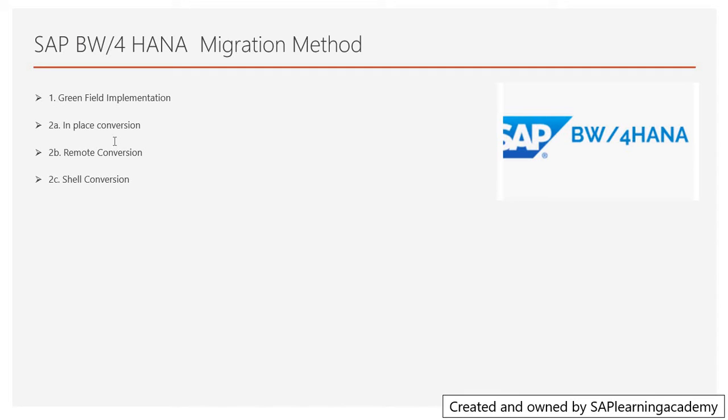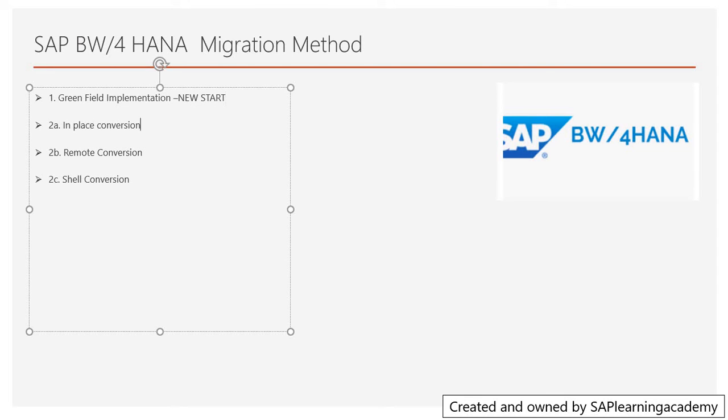Otherwise, you have an existing system and you are going to upgrade to BW4HANA. So how can you do that? There are mainly two ways. One is the greenfield implementation, meaning it is for the new start, where you do not have any existing system and you are just going for BW4HANA.